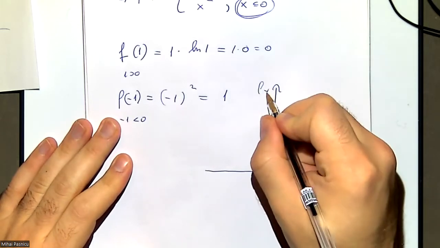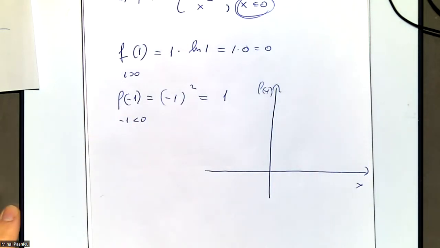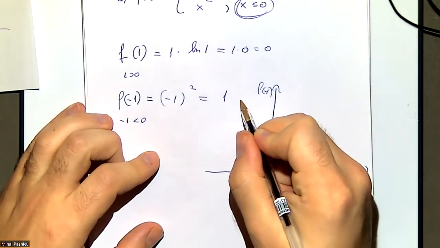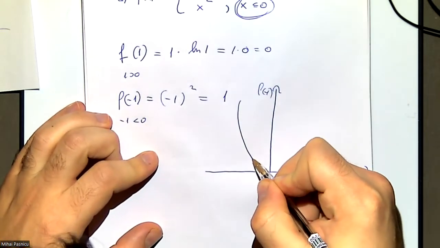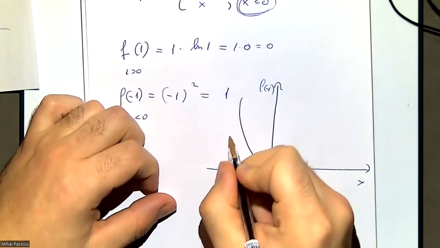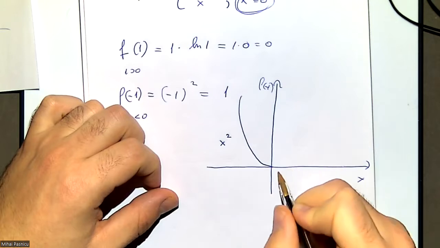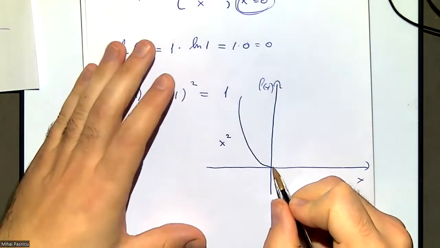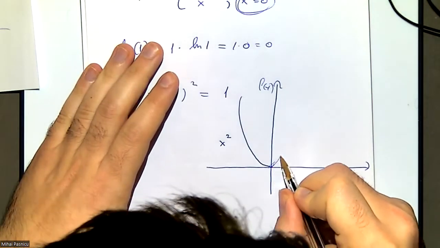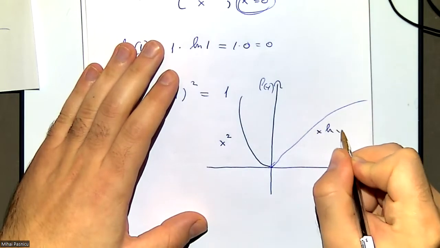So again, your f of x is here, my x is here. If it's smaller than 0, it's x squared. So I'm thinking it's going something like this. And then this part of the function is going to be x squared. And this part of the function is going to be something like that. This is x ln x.